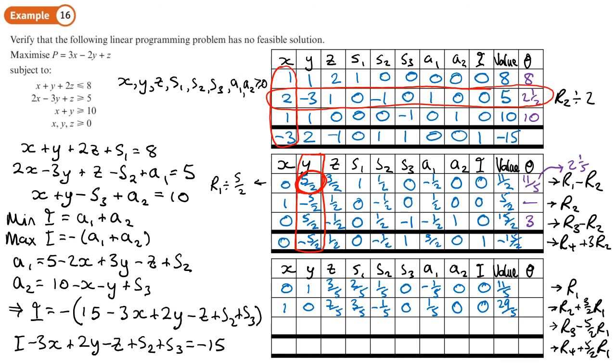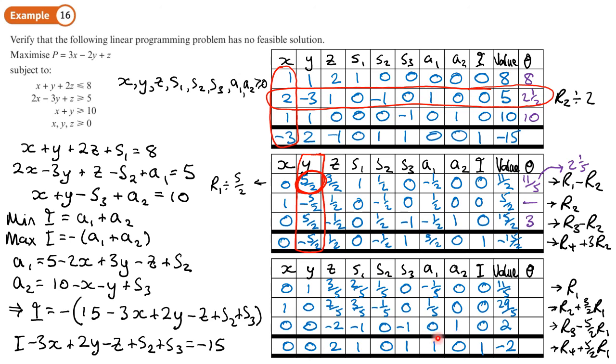For row 3, we will get 0, 0, -2, -1, 0, -1, 0, 1, 0, and 2. And for the bottom row, we will get 0, 0, 2, 1, 0, 1, 1, 0, 1, and -2.